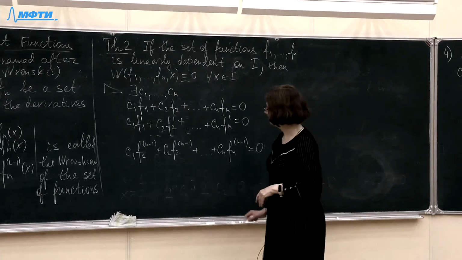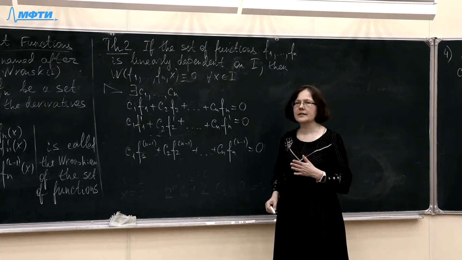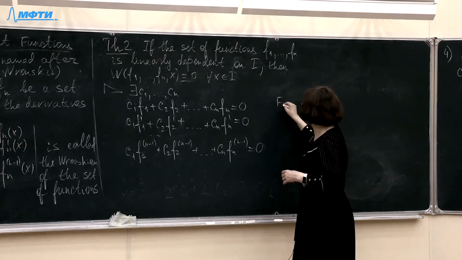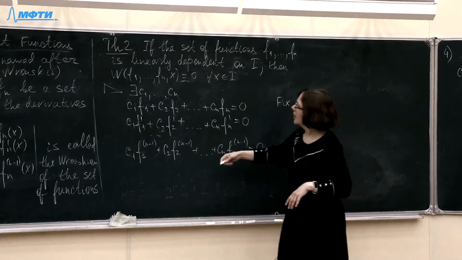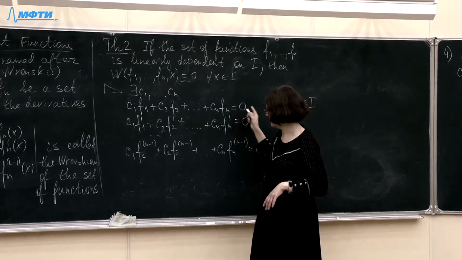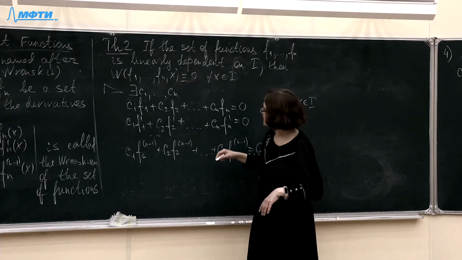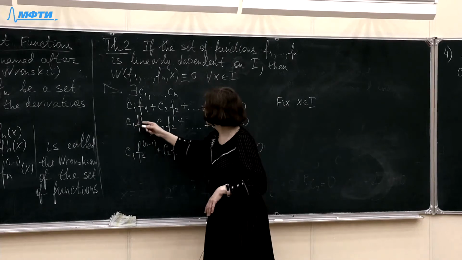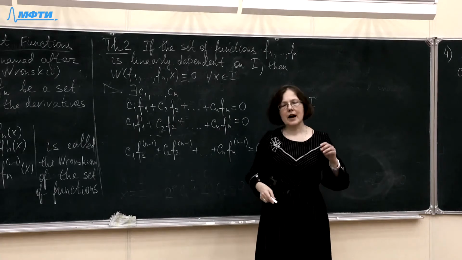Okay. If we fix any x, then for x fixed, we can consider this set of equations as follows. So we have n equations, and f1, f2, and so on, fn are constants now.